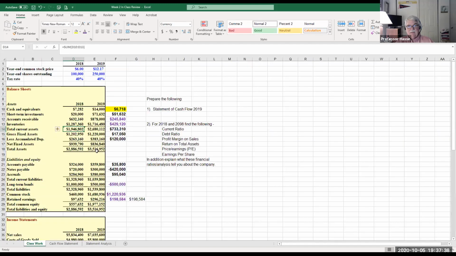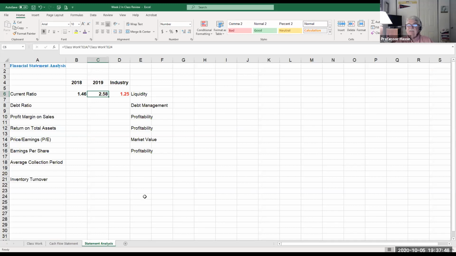Remember? Receivables and inventory. Ugly. That's their current ratio, current assets divided by current liabilities. We need to know how to calculate that from the financial statements and what it means. It means liquidity, working capital liquidity.